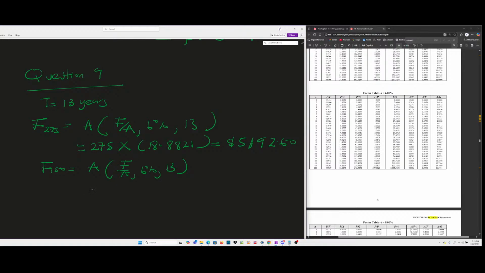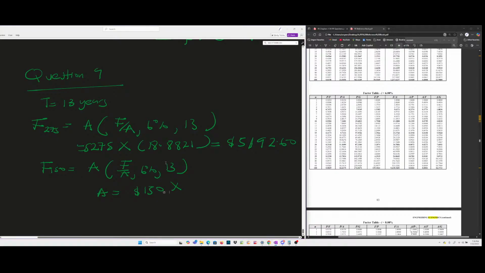Now the maintenance for years 9 to 13 is 150 dollars multiplied by F over A at 6%. Sorry, this is not meant to be 13, this is meant to be 5.